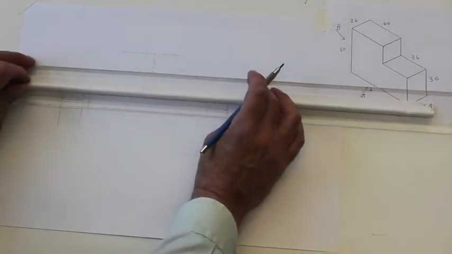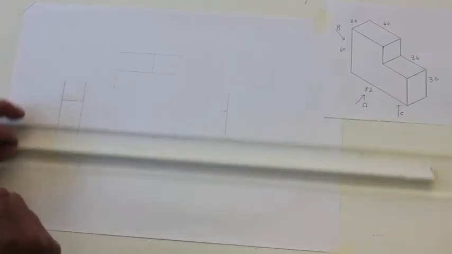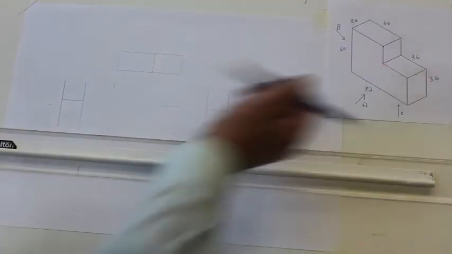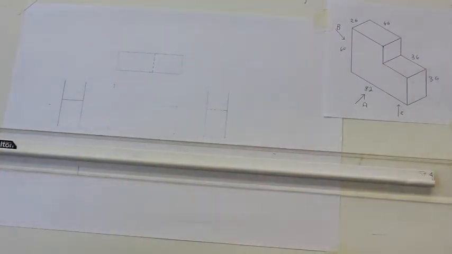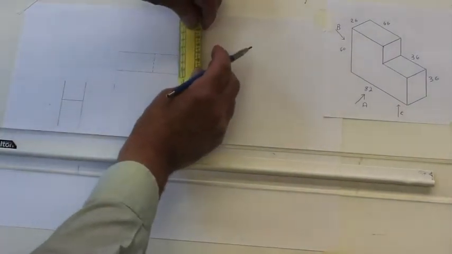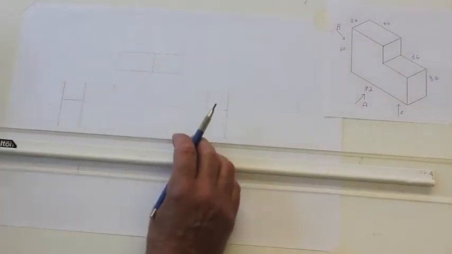We can just connect our bottom lines up now, simply with a line across the bottom. But we do need to get the actual width of it, that distance across there, which is as before 26 mil. Put our ruler on, measure across the distance 26 mil and mark that line.